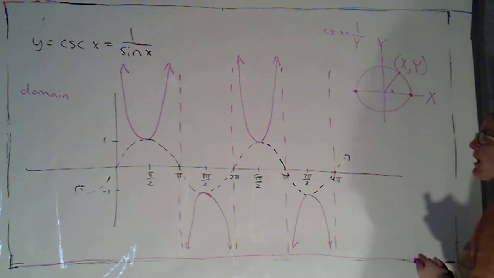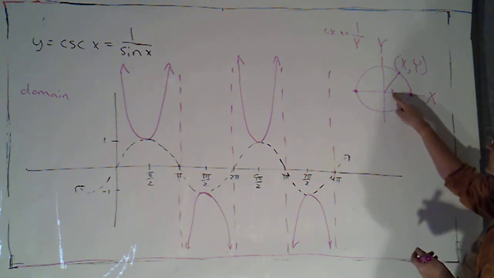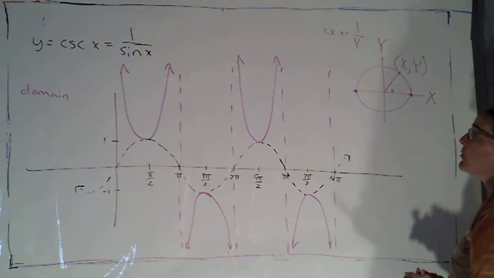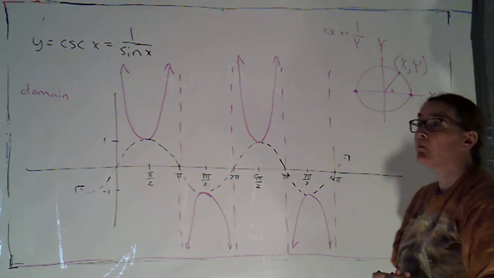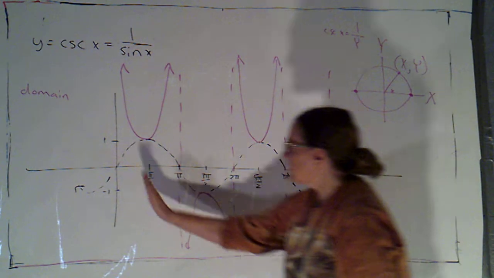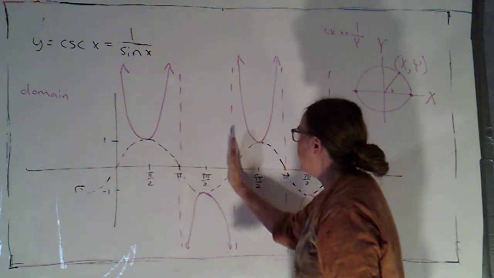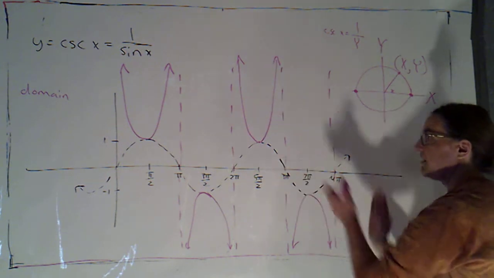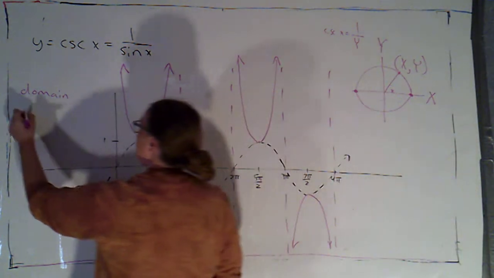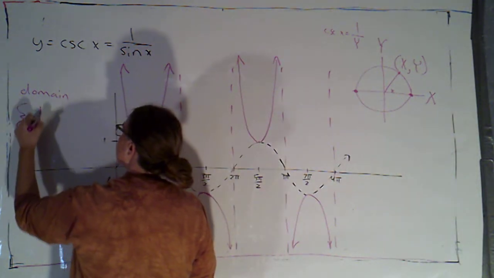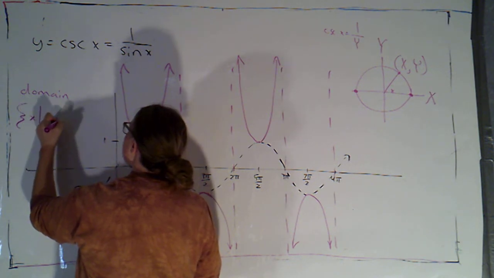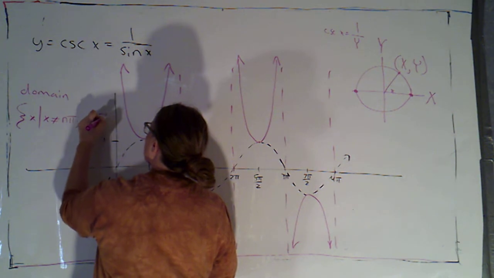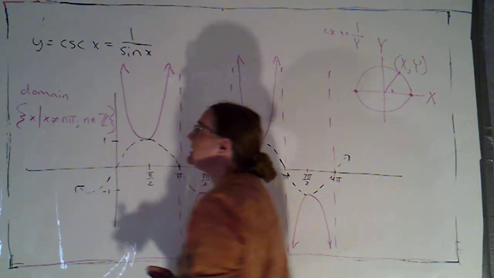And so we said, okay, our domain was going to be all angles x, except angles whose terminal rays would pass through those points. And we had determined that those were multiples of pi. Well, notice how that's reflected in the graph. Multiples of pi are the locations of the asymptotes. So the domain is the set of all x such that x is not equal to n times pi, where n is an integer.